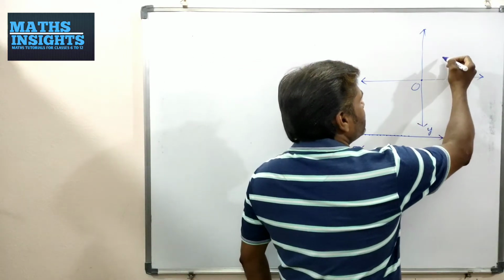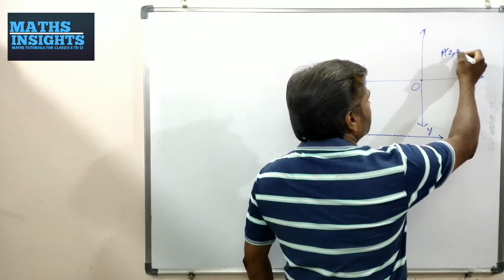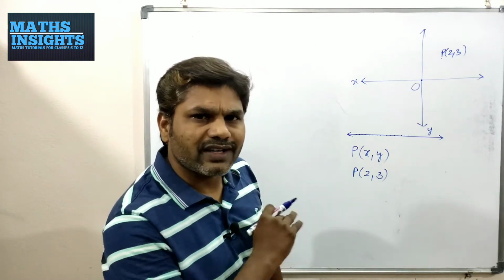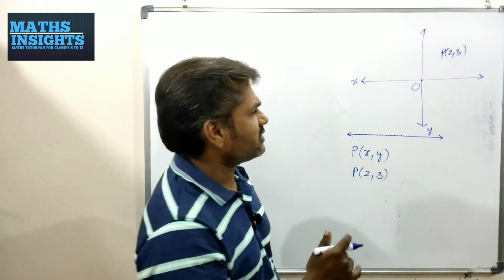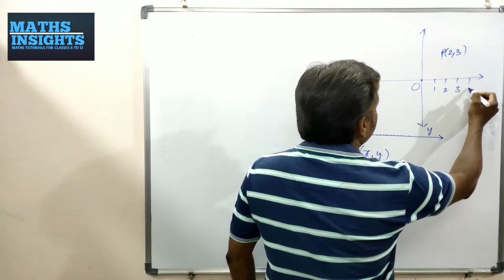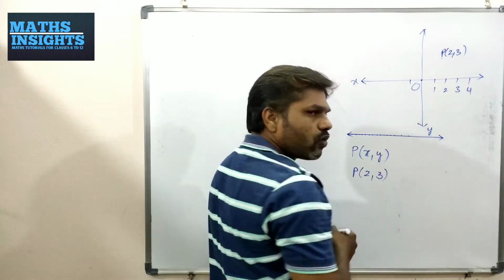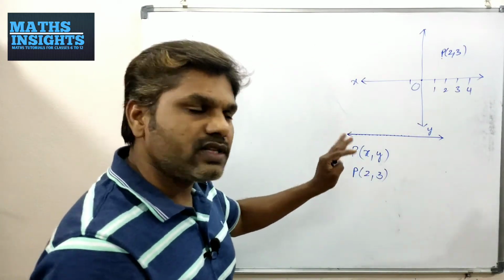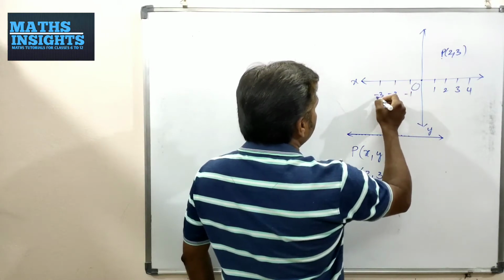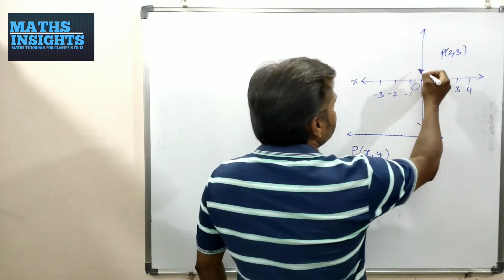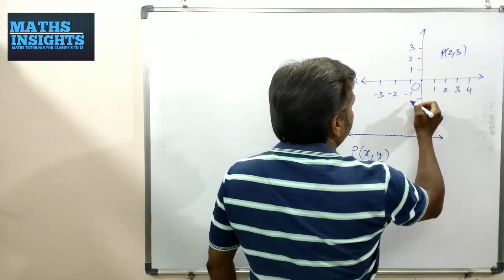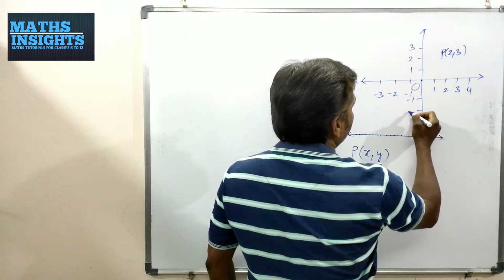Now, if I represent the point (2, 3) here, that is 2 units away on the x-axis, the positive x-axis. See, these are the positive numbers on the x-axis. When you go backward from the origin, those are called negative numbers. Similarly, this is the positive y-axis, this is the negative y-axis.